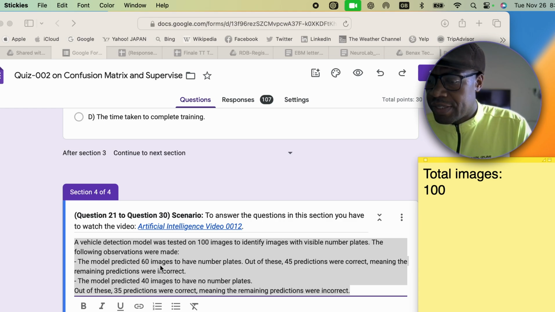The model predicted 60 images to have number plates.